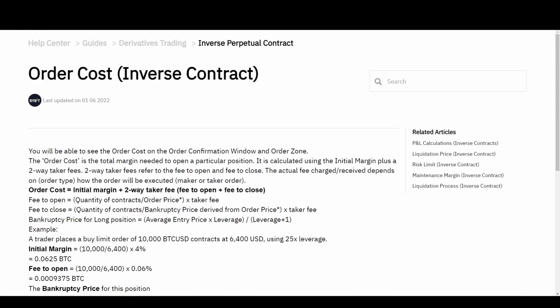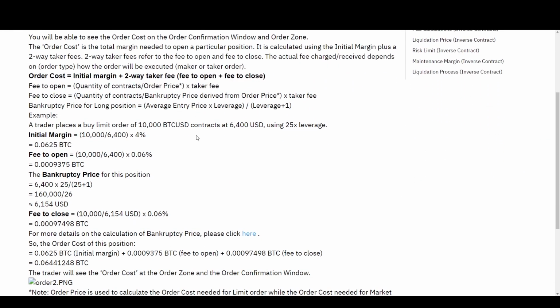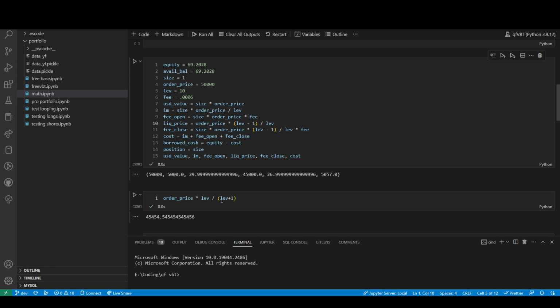So here we have the order cost. So how do you have average entry price times leverage divided by leverage plus 1? How in the world is this different? Because if I do that here, then I get this for a long. It even says it right here.